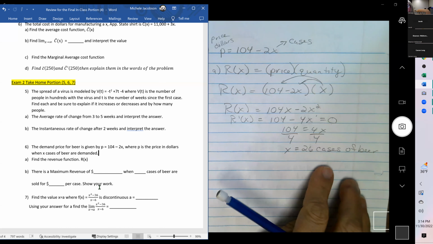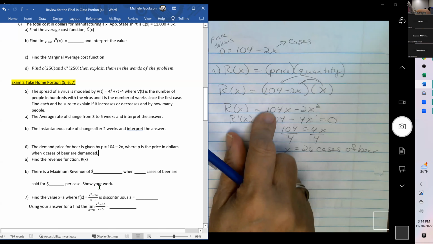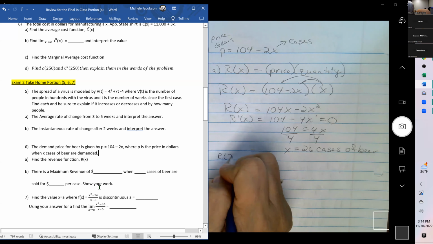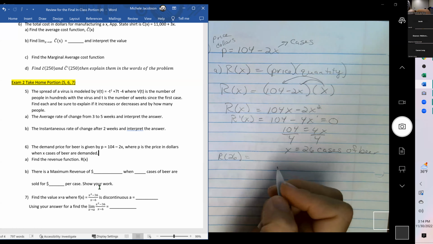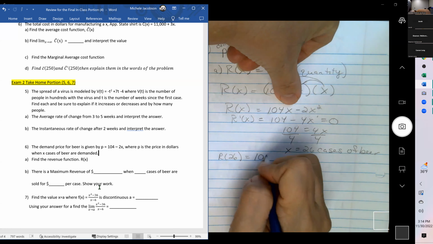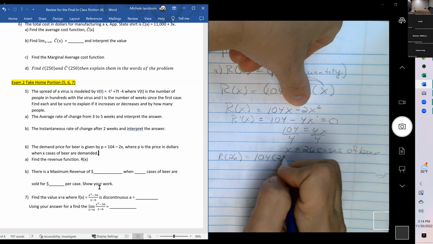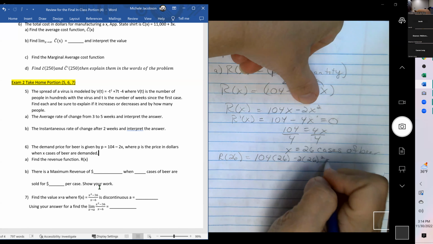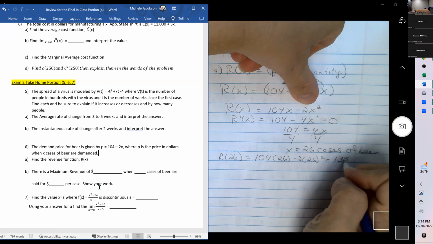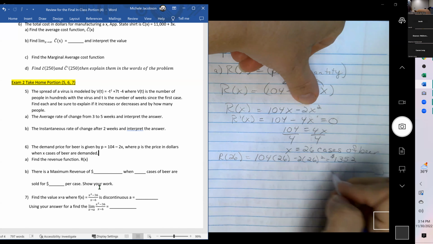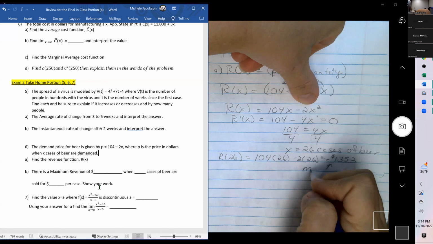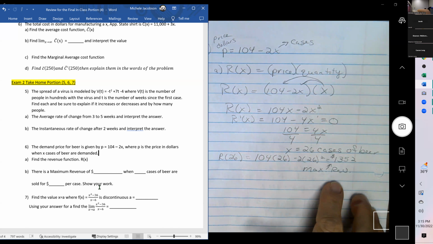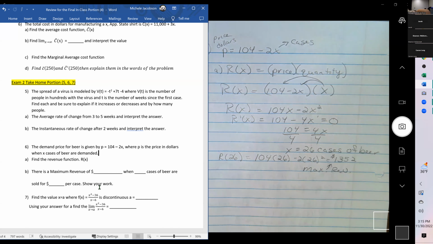To find the maximum revenue, plug into the revenue equation. So our maximum revenue is $1,352.